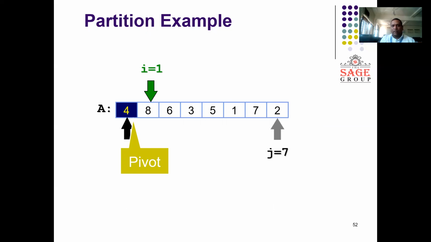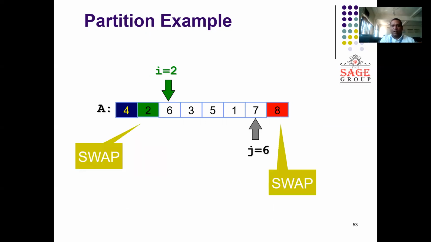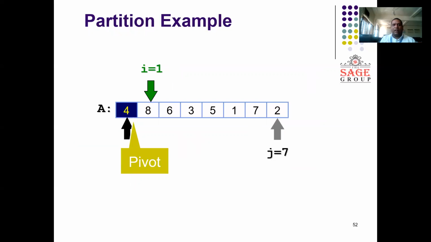Then compare the pivot element with the right position element and then with the first left position element. Compare 4 to the jth position, which is 2. This is smaller than 4, so hold it in position. Since 4 is greater than 2, compare it with the left pointer.